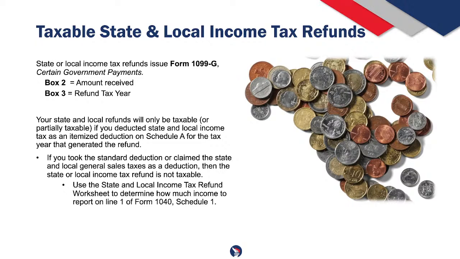And the other thing is that even if I know that this is not going to be taxed, go ahead and enter the 1099-G into the computer. The computer will ignore it as necessary, because there's a box I can check saying that they did not itemize, did not use the state and local income taxes, so it'll ignore it.